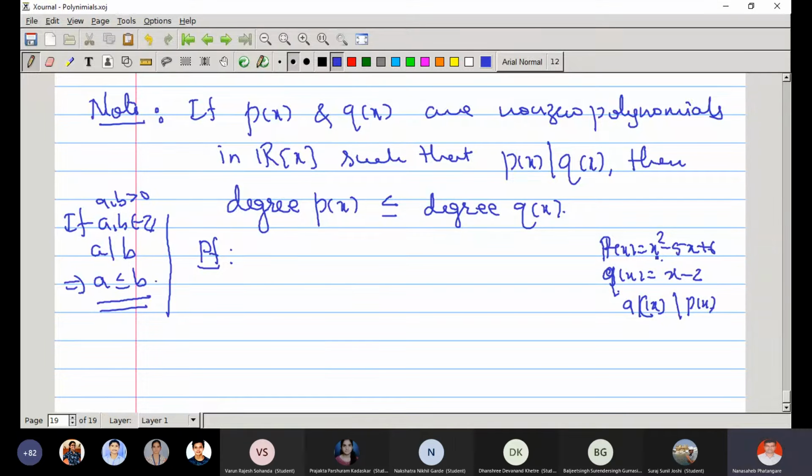So suppose p(x) and q(x) are polynomials. When I say p(x) and q(x) are in R[x], that means they are polynomials with real coefficients. Suppose p(x) and q(x) are non-zero.